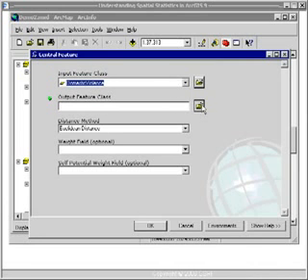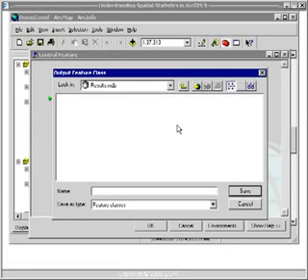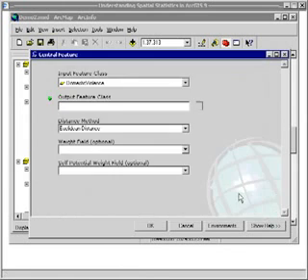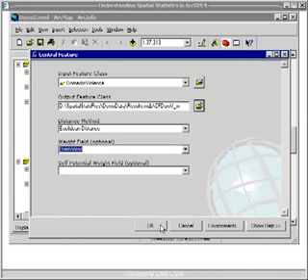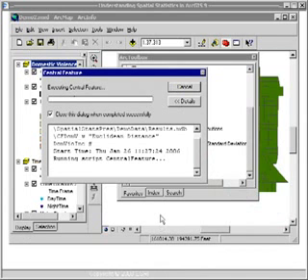My output, I'm actually going to place in a geodatabase that I've created just for these demos. I'm going to call it Central Feature Domestic Violence _ W, so that I know I've used a weight with it. For my weight field, this is where I'm going to put the past occurrences, and that column is the domestic violence column. And I'm going to click OK to run the tool.